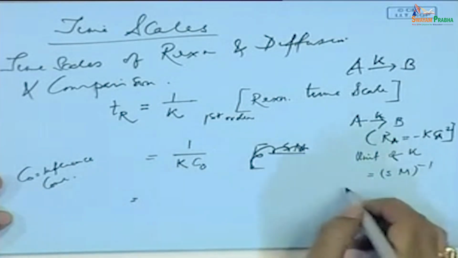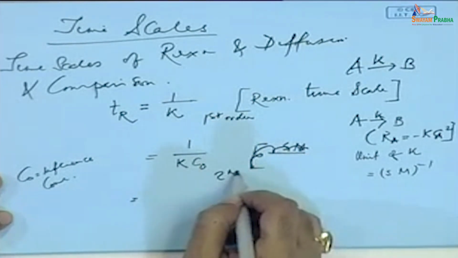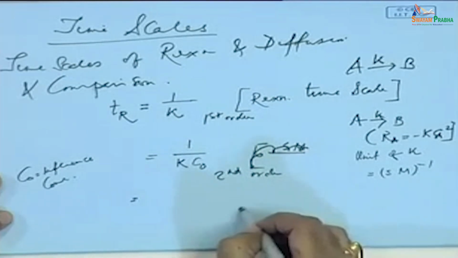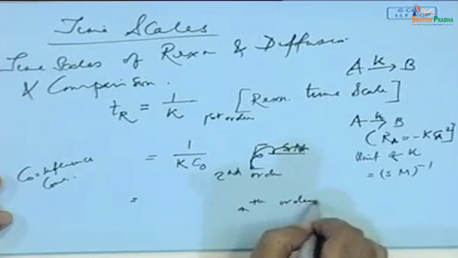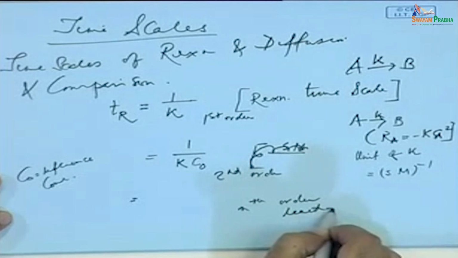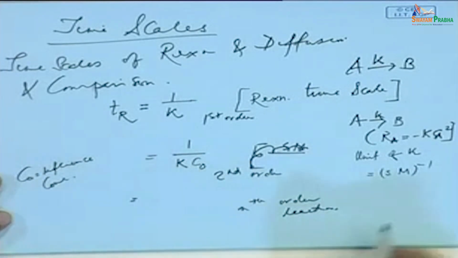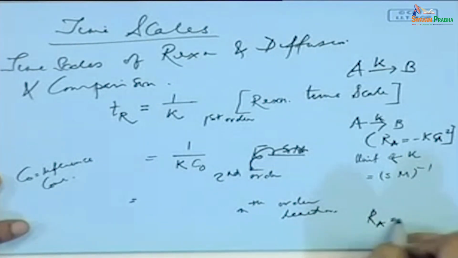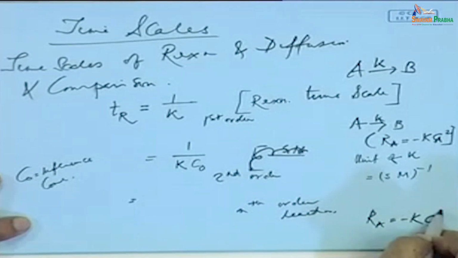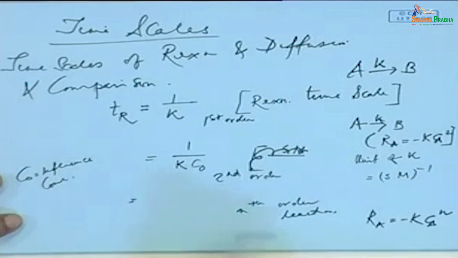Now, for any nth order reaction, so this is first order, this is second order, for an nth order reaction, R_A equals minus k C_A to the n. I do not care what it is, any reaction, let us call it. How do you write that?